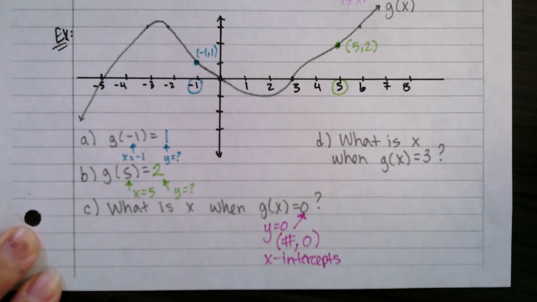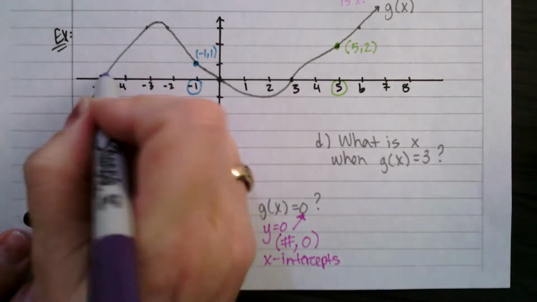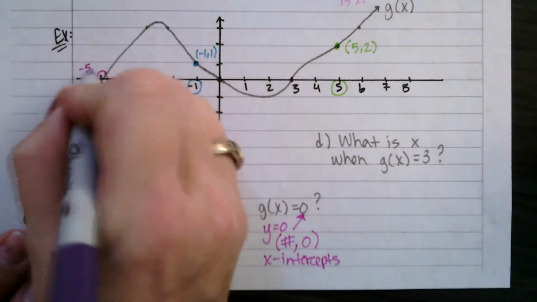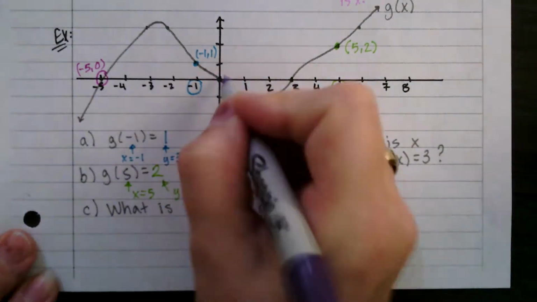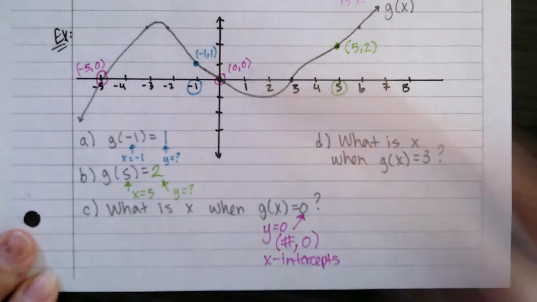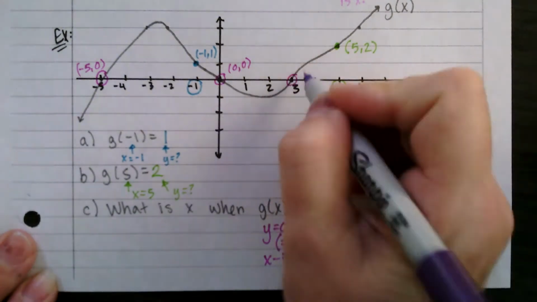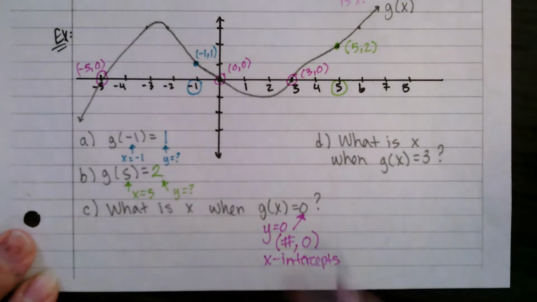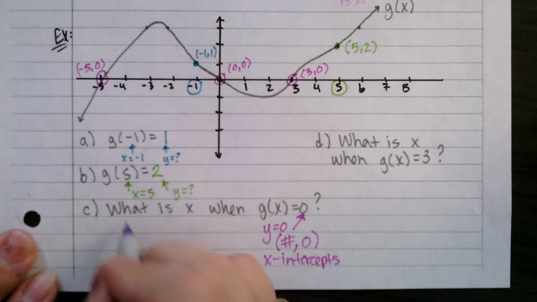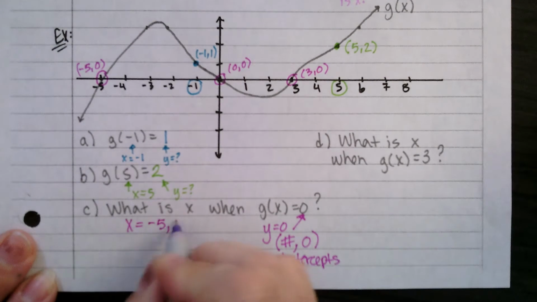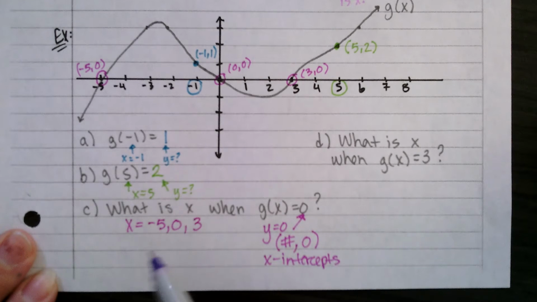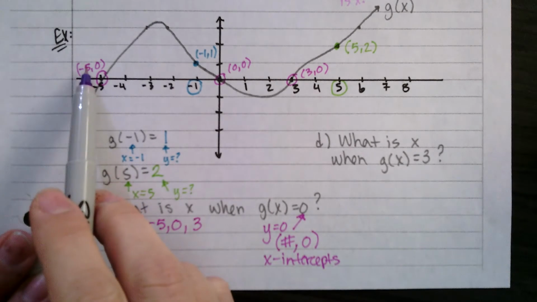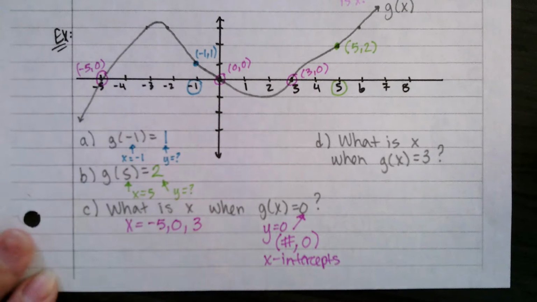So on my graph, I will be looking for ordered pairs that have a number, comma, 0, which will be x-intercepts. I have this one right here at -5, 0. I have one here at 0, 0. And I have one here at 3, 0. So when it asks what is x when g of x equals 0, that has three answers. X would be -5 or 0 or 3, because those are all the x values that have ordered pairs with 0 for y.